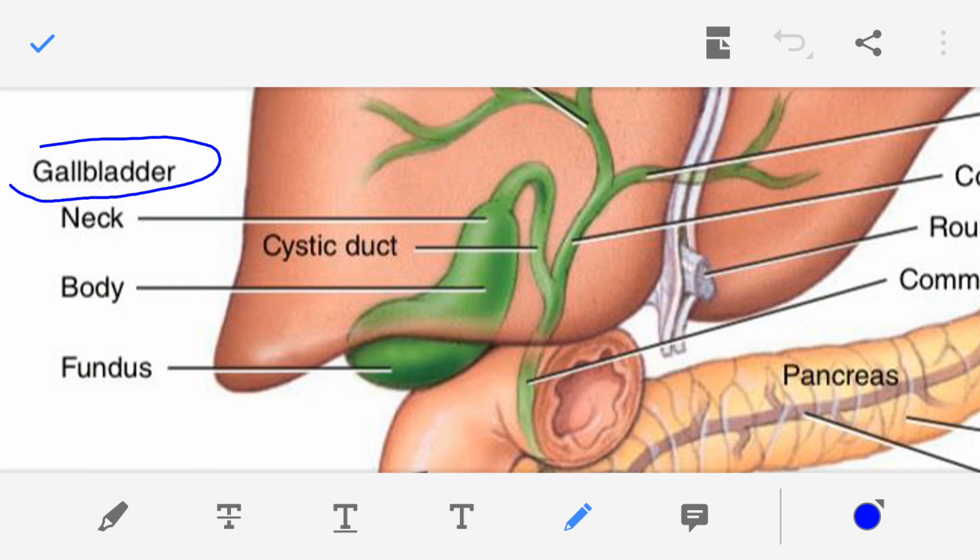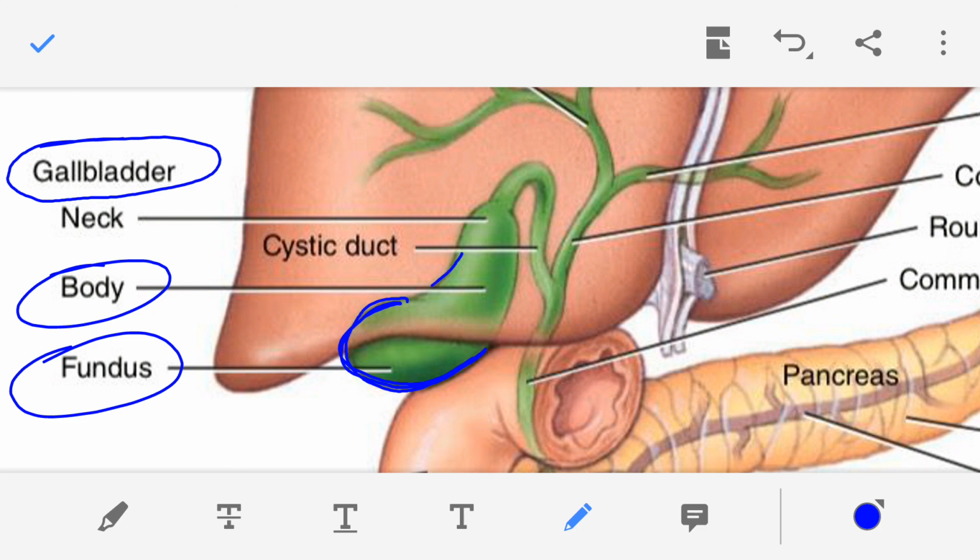The entire gallbladder is divided into 3 parts. The one present at the bottom, the broader part, is the fundus. The middle part of the gallbladder is the body, and the narrow portion or the superior part is known as the neck.